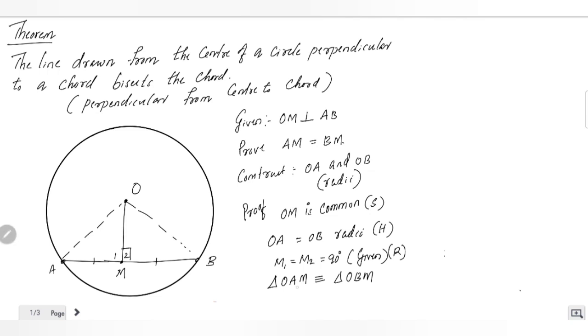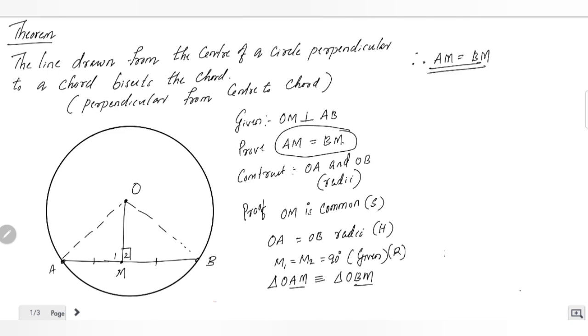From the names we can get the corresponding sides. AM and BM are the same, isn't it? That's the one we need to prove here. Yes, AM is equal to BM. Therefore we can write AM is equal to BM. So we are done, which means M is the midpoint and the line bisects the chord, isn't it?